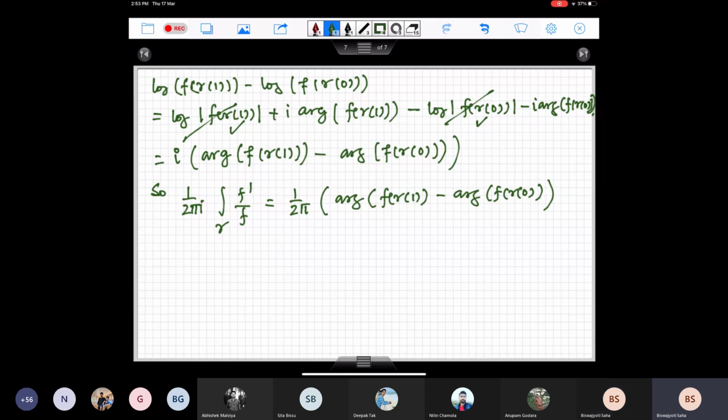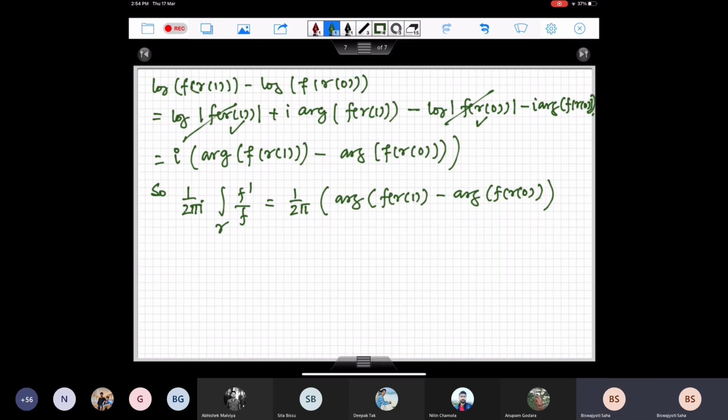Of course, you know that f of gamma of 1 and f of gamma of 0 are the same number, but you started traveling at point 0, and then you came back. Gamma is a closed curve, so when you look at the composition f composed gamma, that also gives you a closed curve. It comes back to the same point.